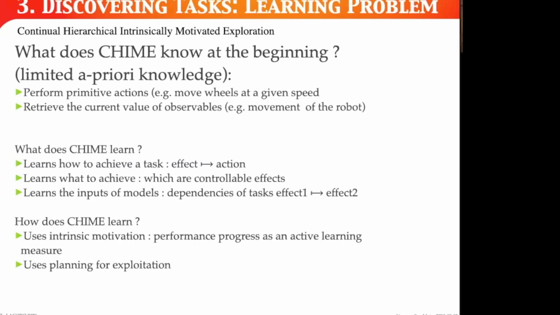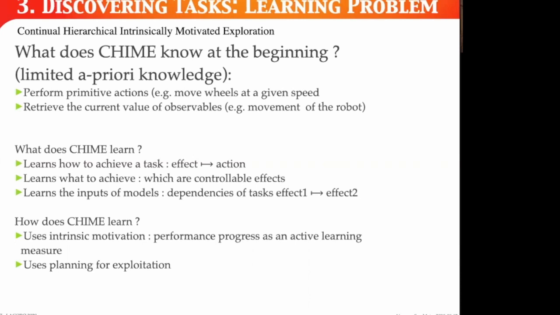It also learns the inputs of models. So if there are dependencies between tasks, for instance, if task 1 is influencing task 2, and effect 1 is influencing effect 2. For instance, the position of the robot is influencing the position of objects, if it's pushing the object.